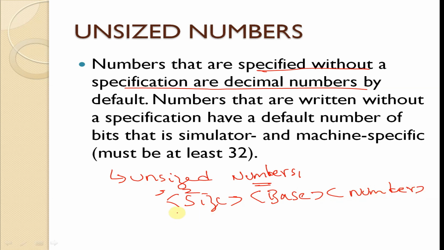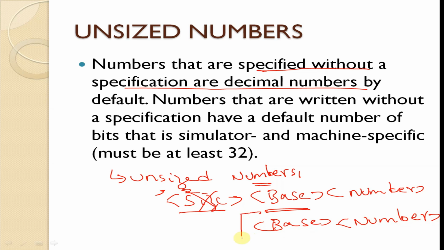In case of unsized numbers, we will not include the size. We will just write the base followed by the number. So if we write any number in this format, that is base followed by a number, then it is an unsized number.